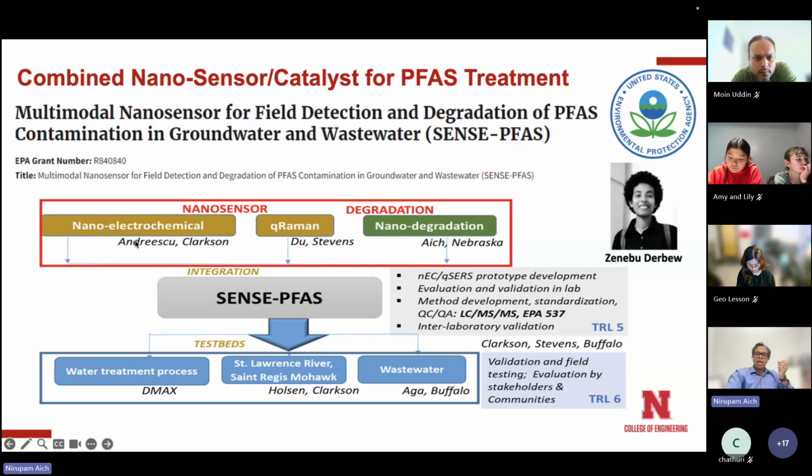They are designing new nanosensors that can detect very, very small quantities of PFAS in water. We are trying to combine this sensor and treatment platform together. They have the sensor, we have the catalyst platform, to design a combined approach that we can take into the field and do detection and degradation of PFAS at the same time.